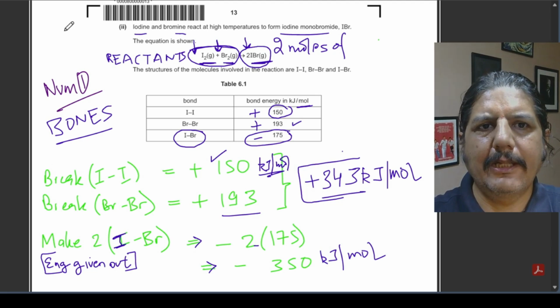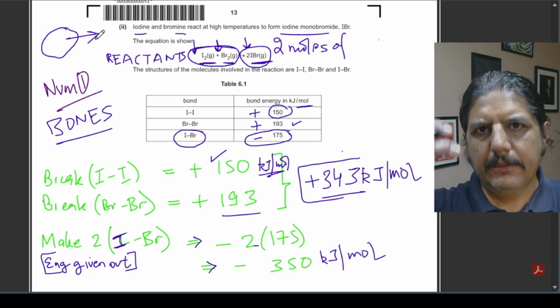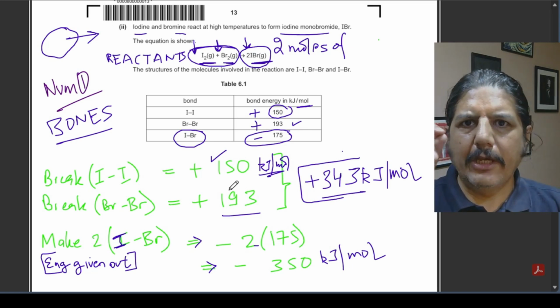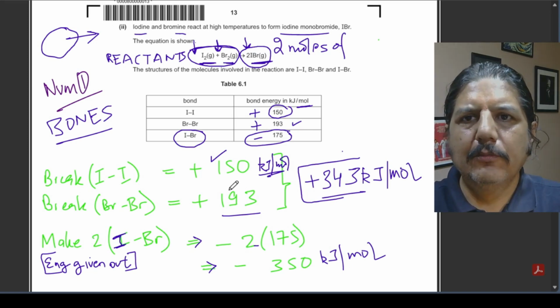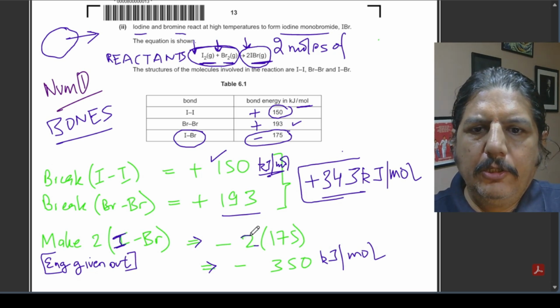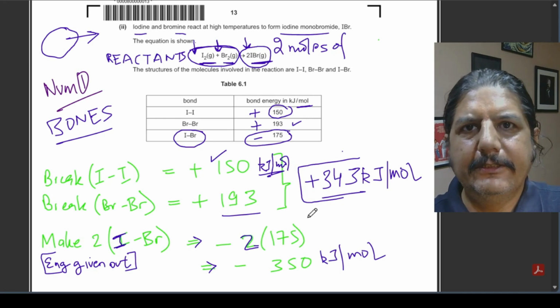You can imagine it like this. For example, this is the system. From this, energy is released, so the energy comes down. So when 2 moles of iodine monobromide are made, 2 into 175 kilojoule per mole of energy is being released.